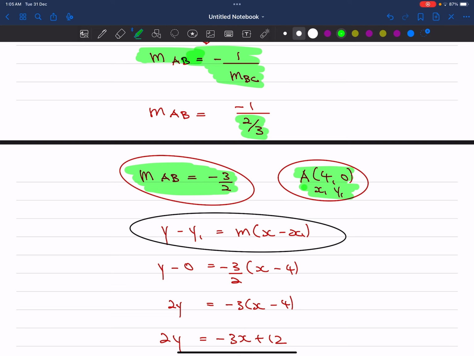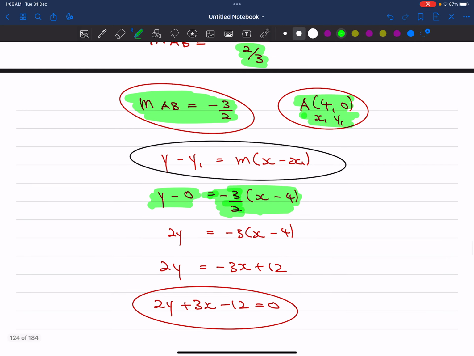So it is y minus 0 equals the gradient m, negative 3 over 2, times (x minus 4).